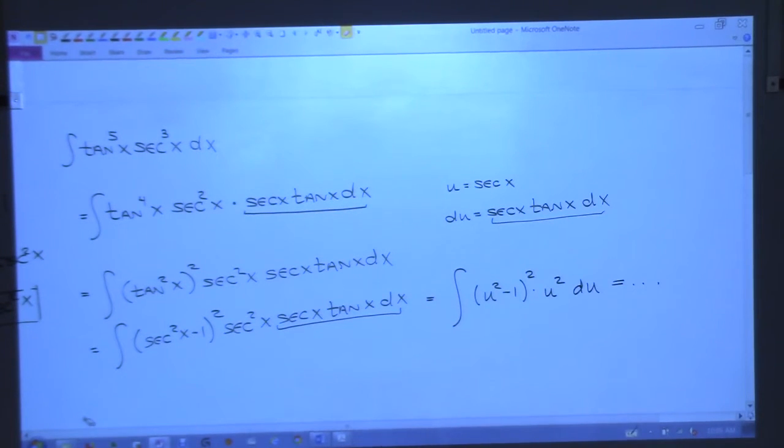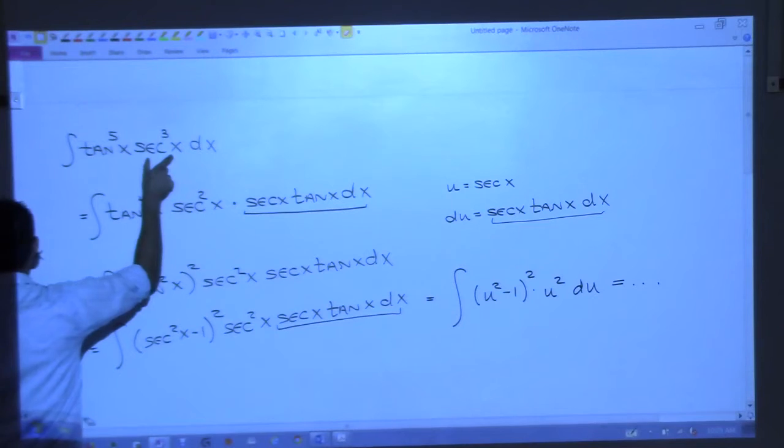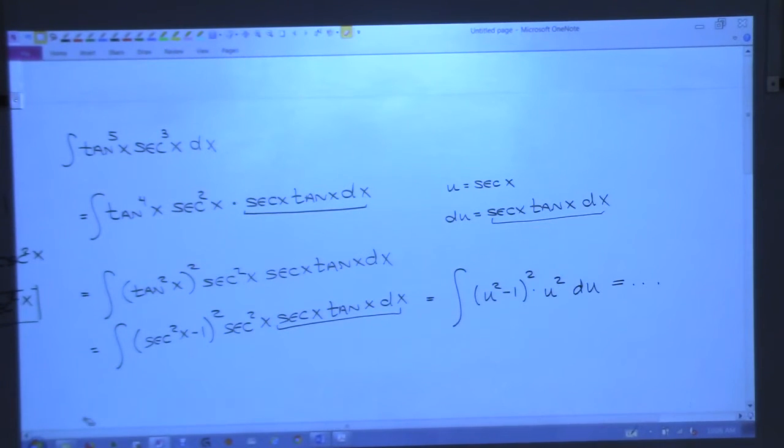And it would never benefit us, if there were only a single secant, to get secant alone and then have the square root of tangent squared plus 1. I know what you're saying. If we just peel off a secant squared, and then we have a secant here, and solve that, then take that root in there.